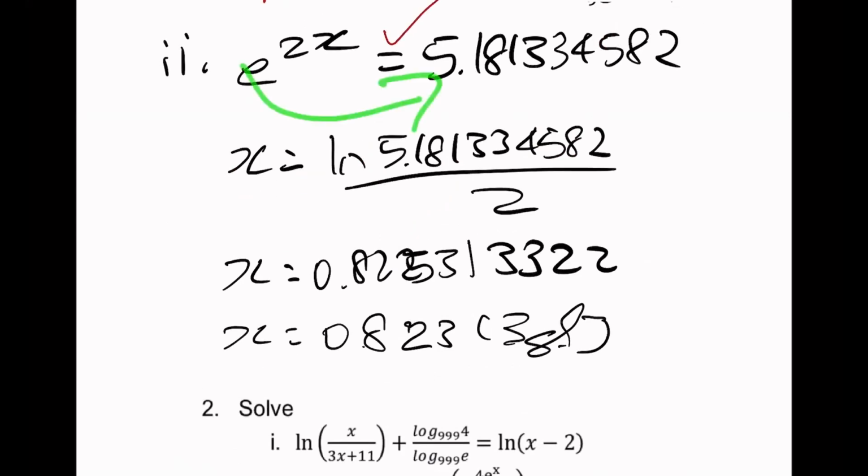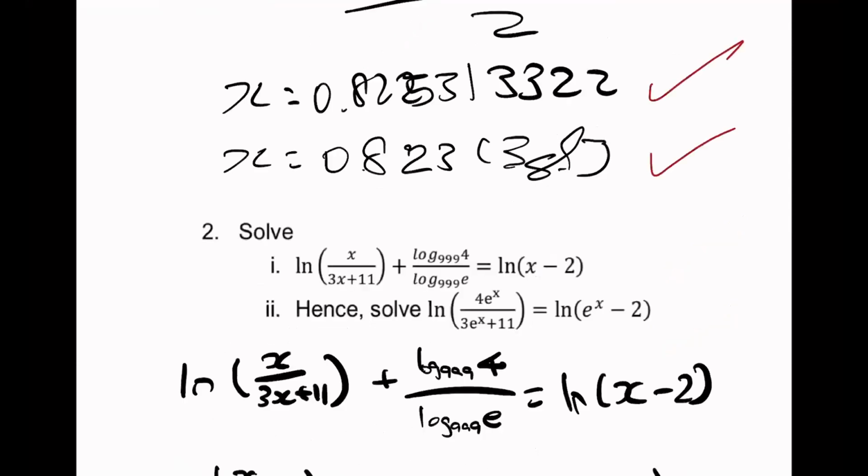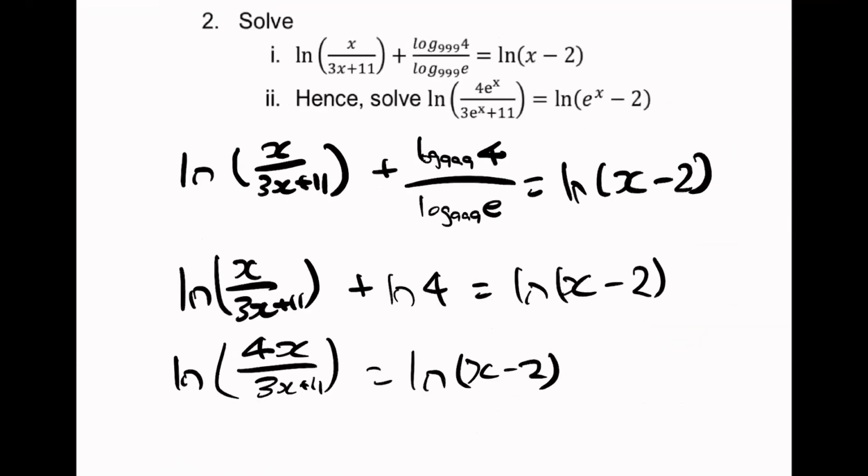Ln to get the e over, divide by 2 to get rid of the 2. Okay, let me double check your value. Okay, good.